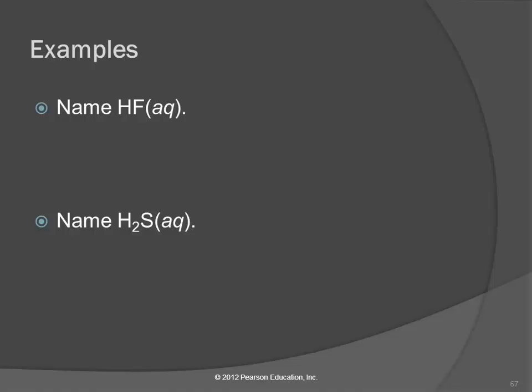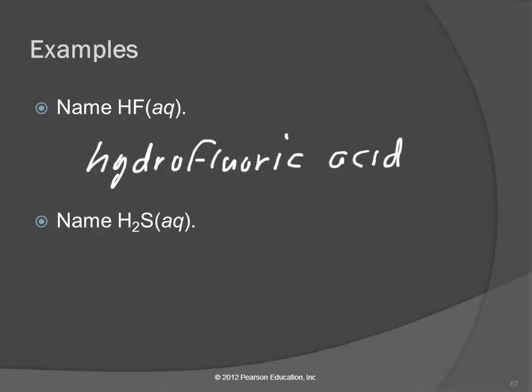So examples. I really need to edit these examples. So HF. It's a binary acid, right? Hydrofluoric. There's no flour in this. Hydrofluoric acid. There's no flour in fluorine.